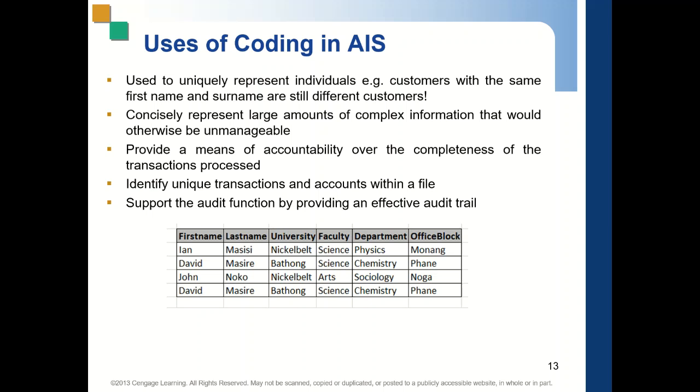And so if you were to use a code, rather than have that long name, maybe a code that says MOG4, then every time you have an individual who works at that university, you simply write MOG4, but you have a link to a file that tells you what MOG4 is.